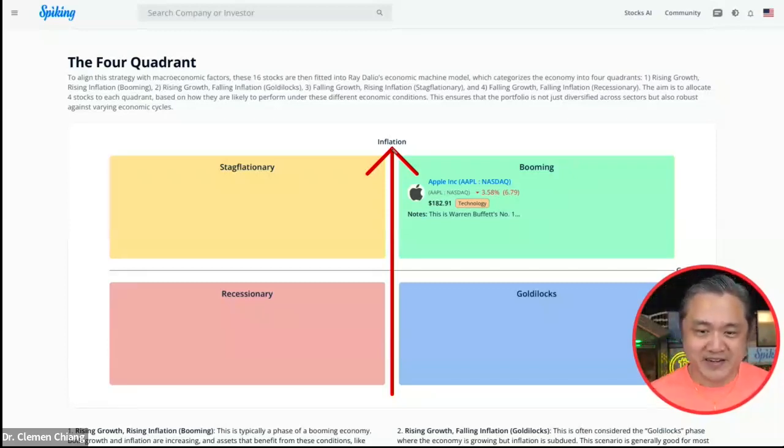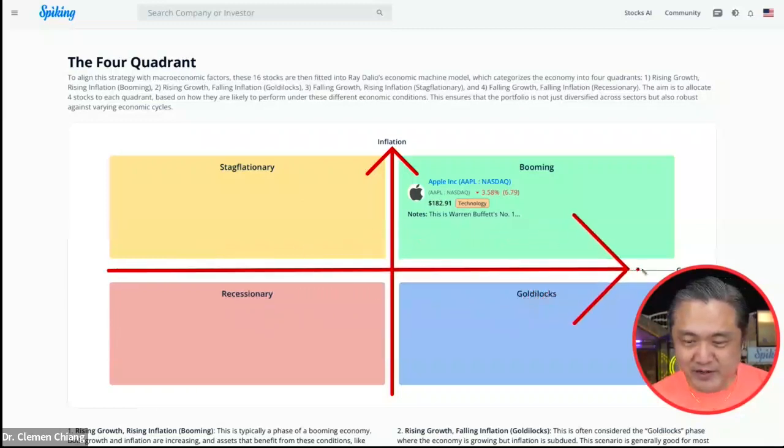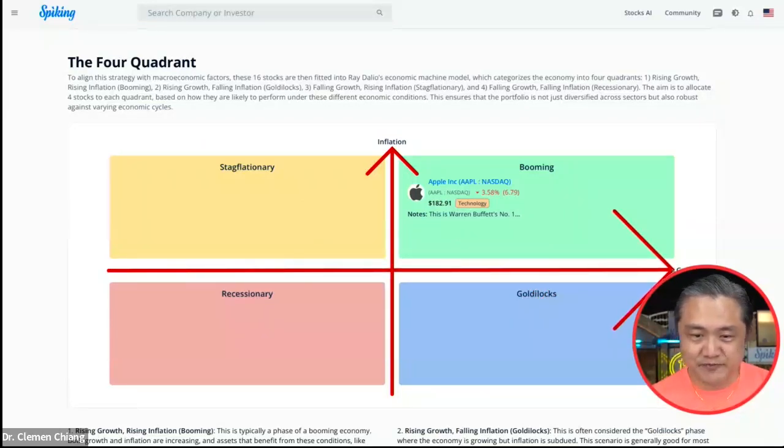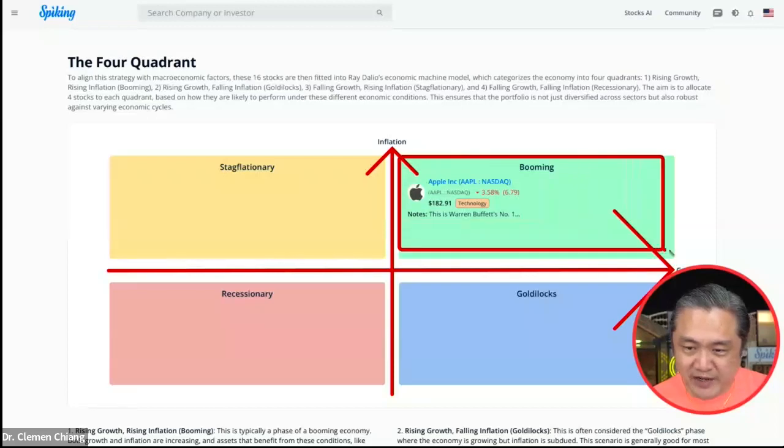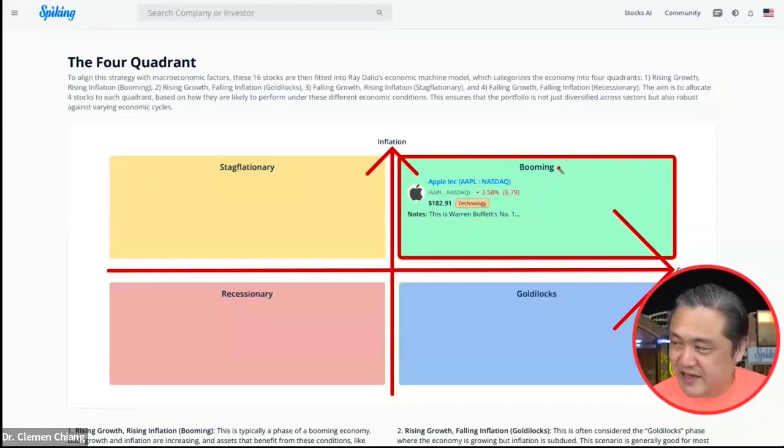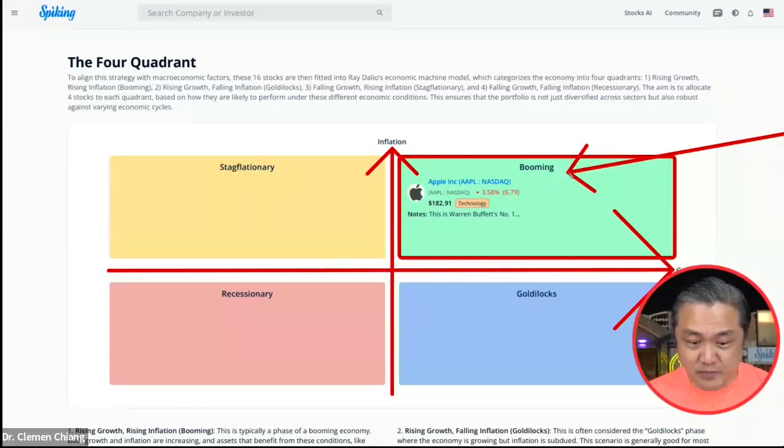And then you have your x-axis, horizontal, pointing left to right. It points to growth. So when I'm looking at the top right-hand quadrant, the green quadrant box, it's telling us it's booming. This quadrant belongs to a growing economy with rising inflation, which means the economy is booming at the moment.